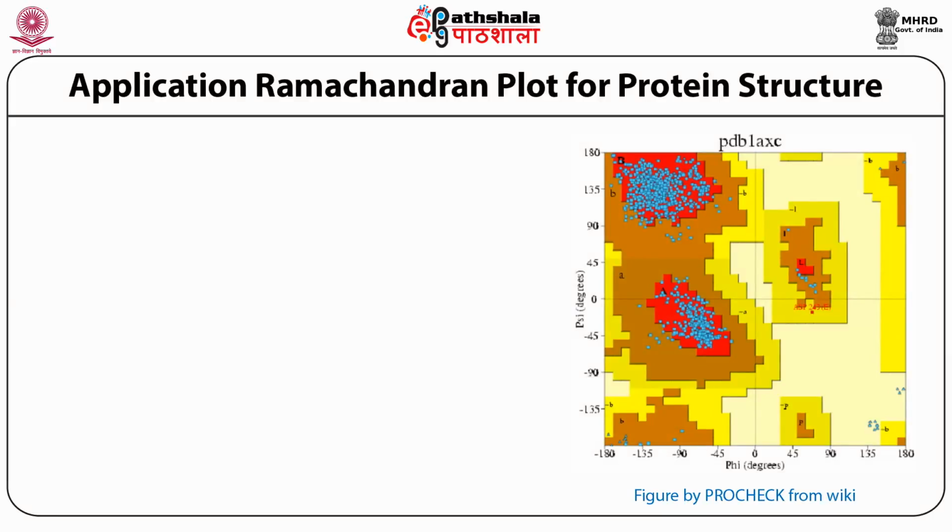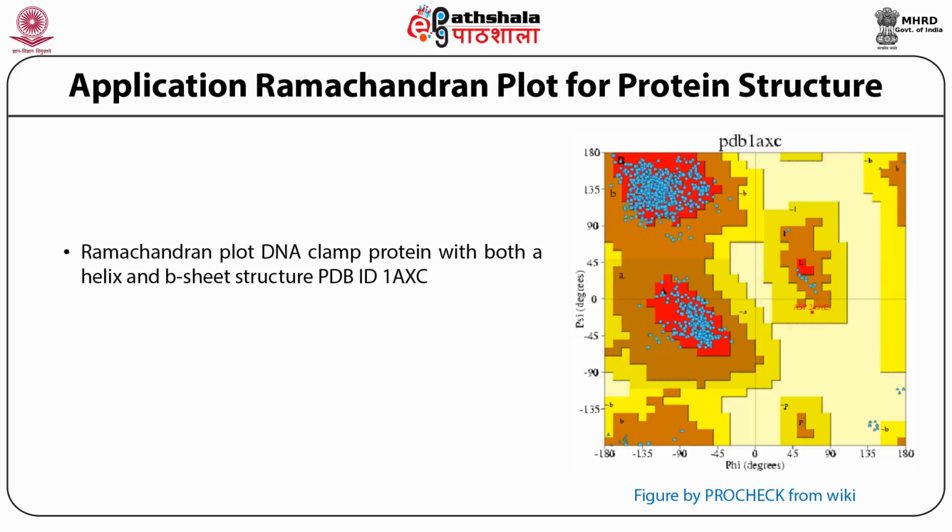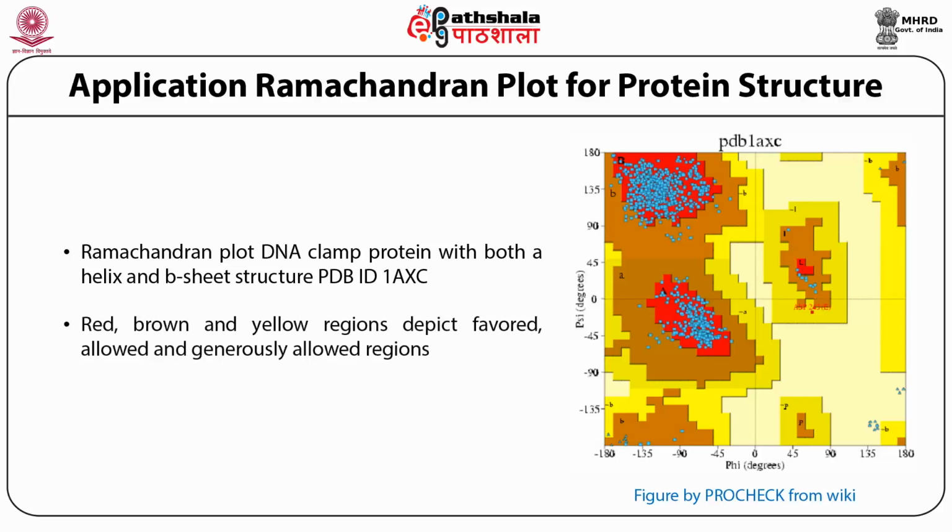Application of the Ramachandran plot for assessment of protein structure. Ramachandran plot for a DNA clamp protein with both alpha helix and beta sheet structure. The PDB ID of the structure, 1SXC, is shown in this picture. There are 3 different regions: the red region, brown region, and yellow region, and the phi-psi values are plotted as blue dots in this figure.